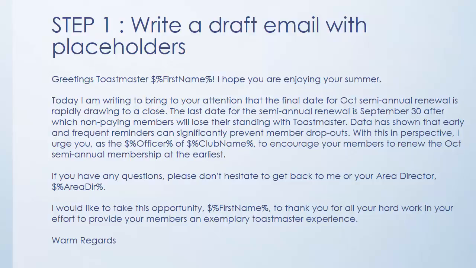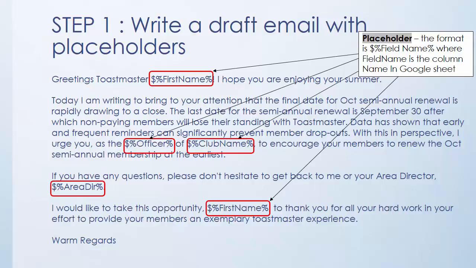Step 1, writing a draft email with placeholders. So this is the kind of email that you write, and it is very similar to the regular emails that you write, except for one difference. This has embedded placeholders in the email. So you see first name, officer, club name, area director, first name.